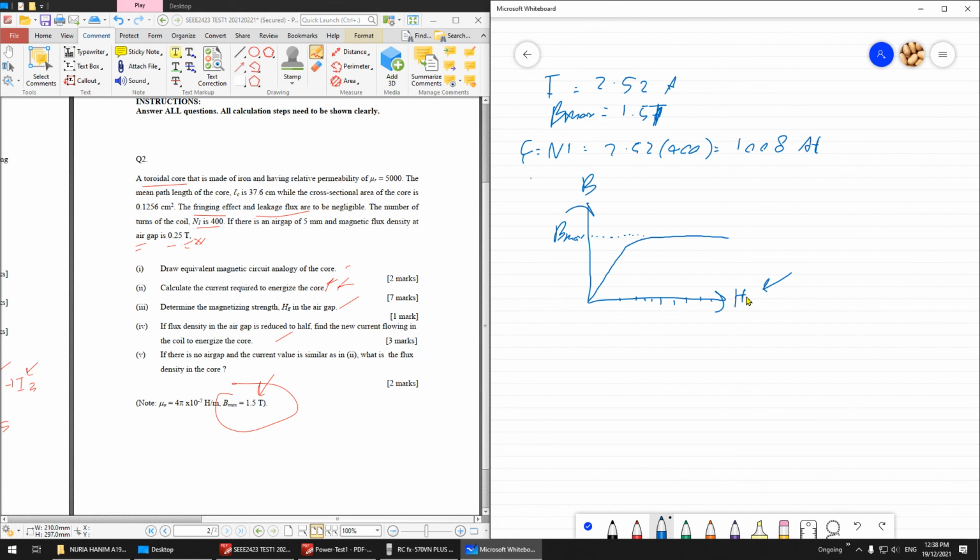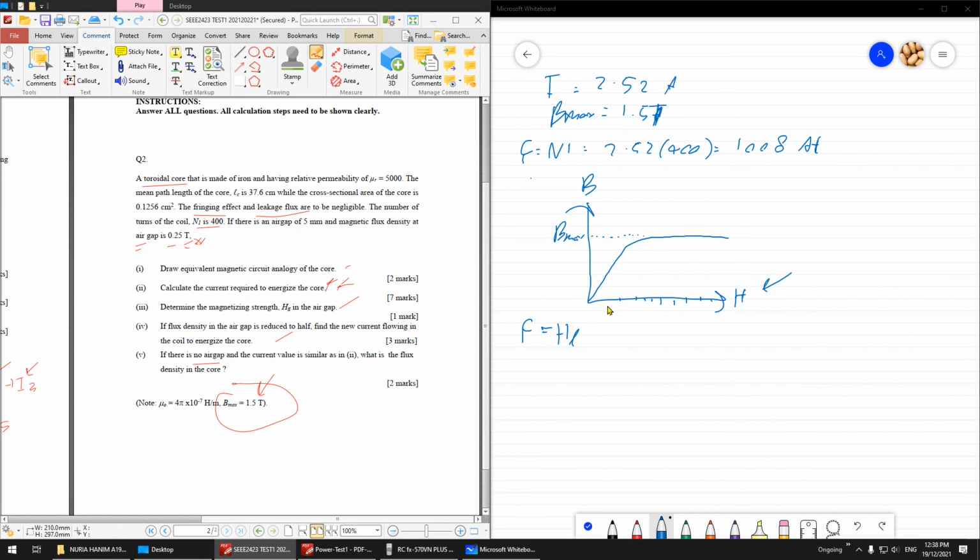So you have to calculate H first, not B directly. Of course F is equal to H L. There is no more air gap, so HL is just H core and L core.